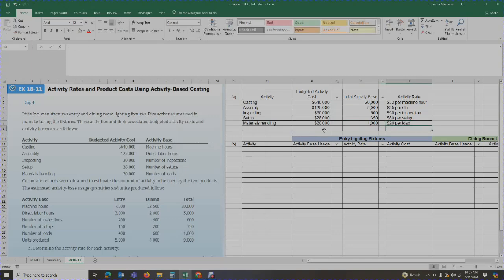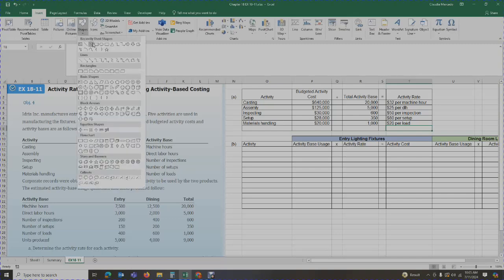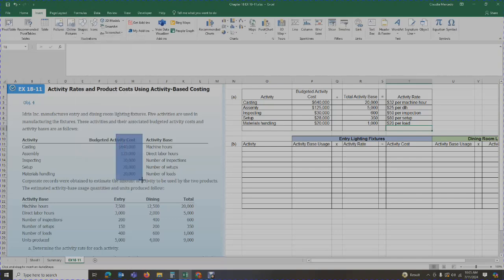So we've already calculated the activity rate for each of the activities, and we did that by getting the budgeted activity cost up here. This is where we're getting the information.